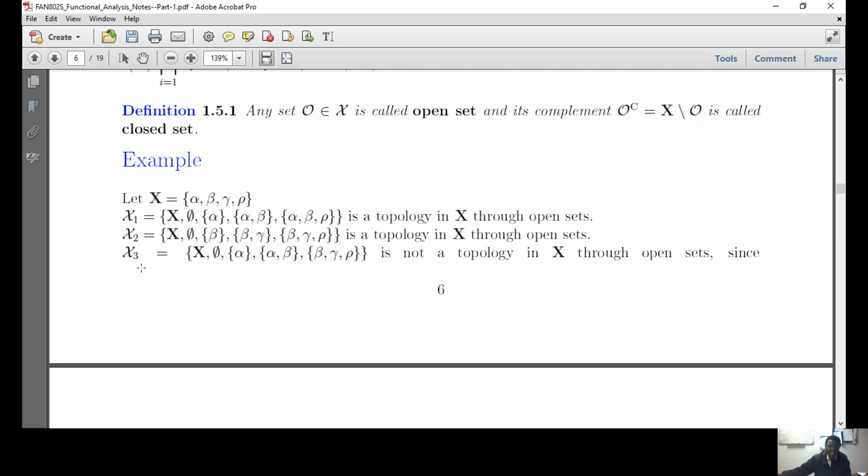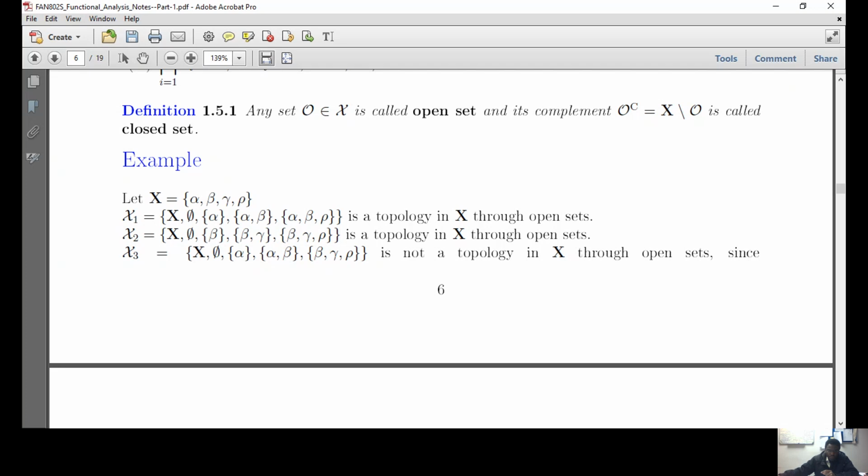Now, for X3, why is X3 not a topology? If you recall from the definition of a topology, we saw that an arbitrary union, or a finite intersection, of elements of the topology should also be in the topology. Now, let's look carefully.